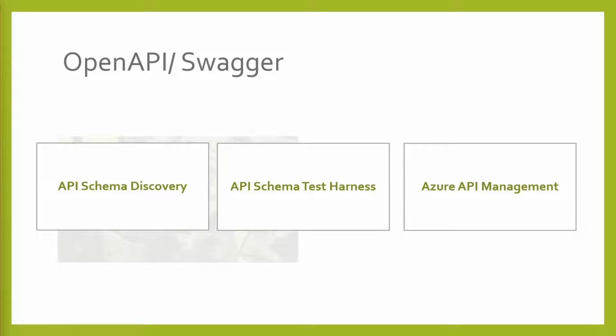So it makes API schema discovery easy, where anyone can just review the API. There's also the OpenAPI tool that allows us to leverage the OpenAPI specification, so it's available for consumers to directly consume and leverage.